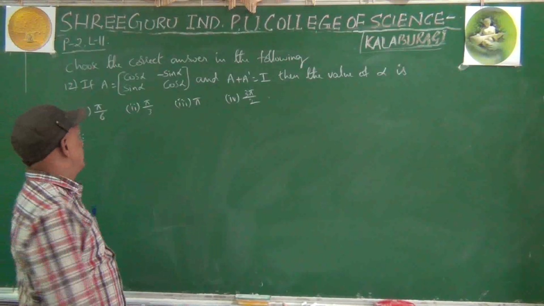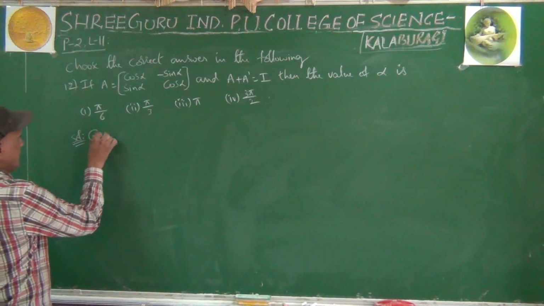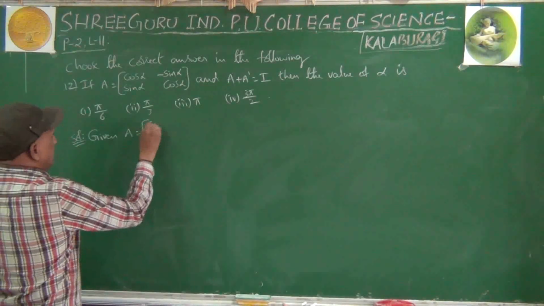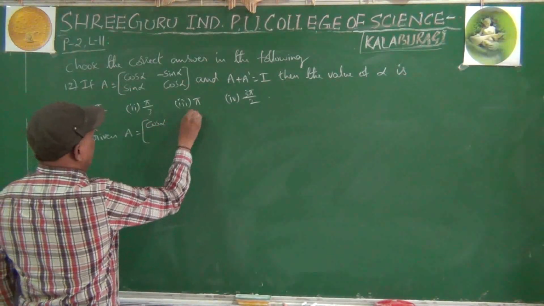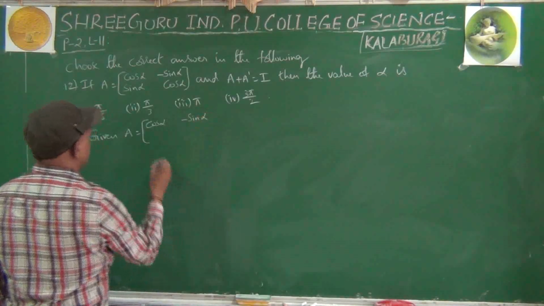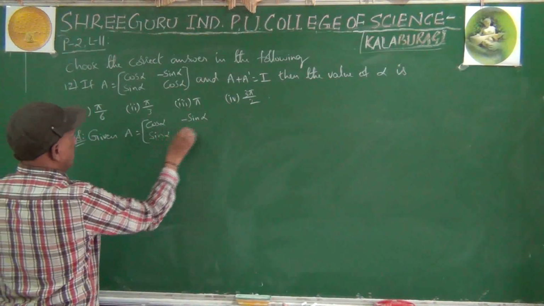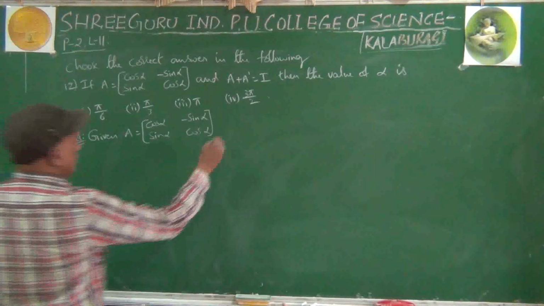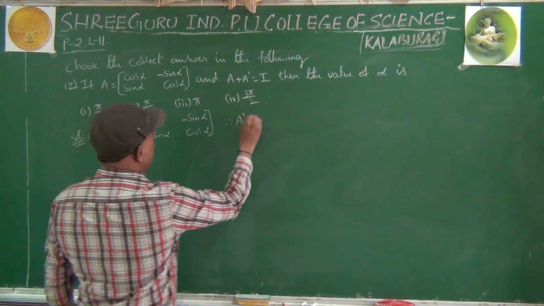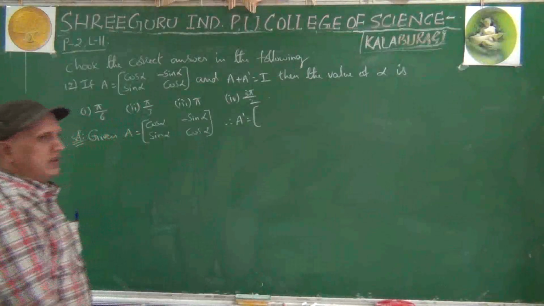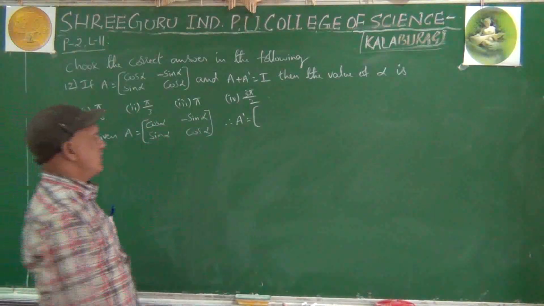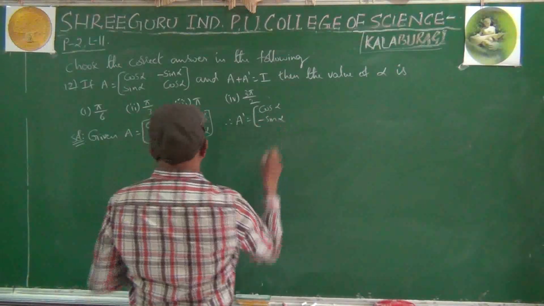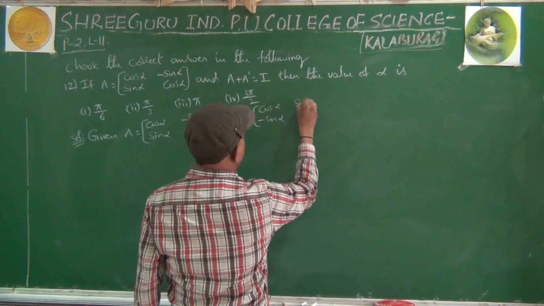Okay, let us do one thing. First of all, given A. A dash: first row becomes first column, second row becomes second column.